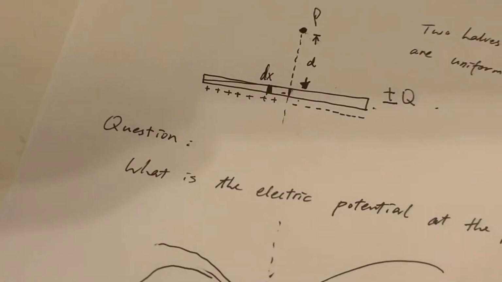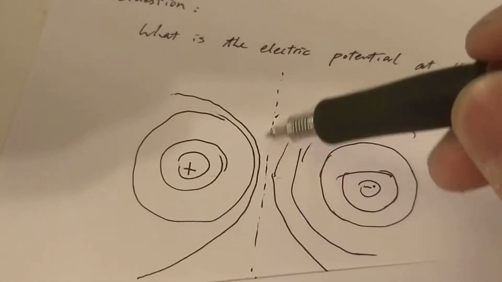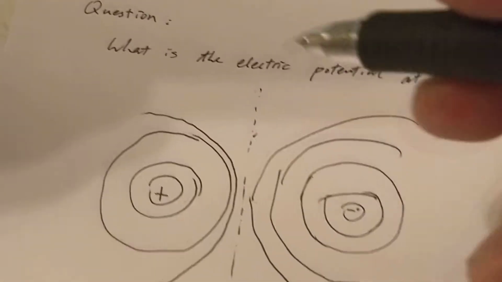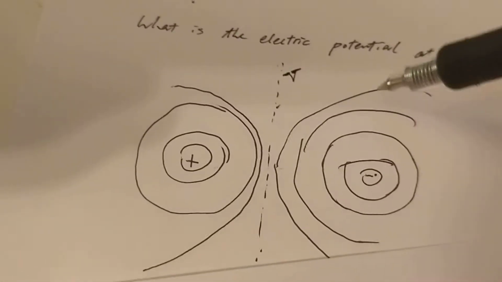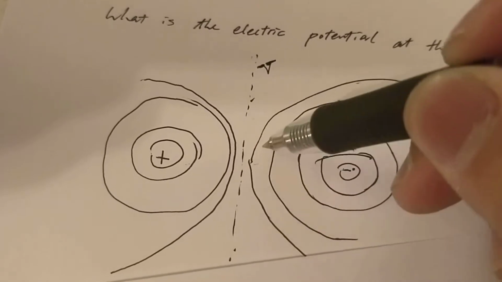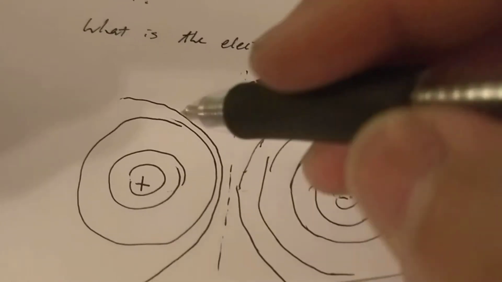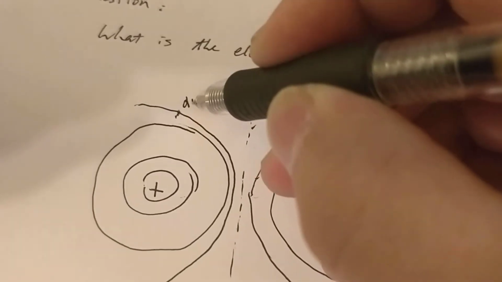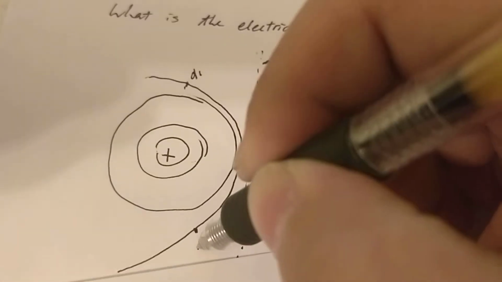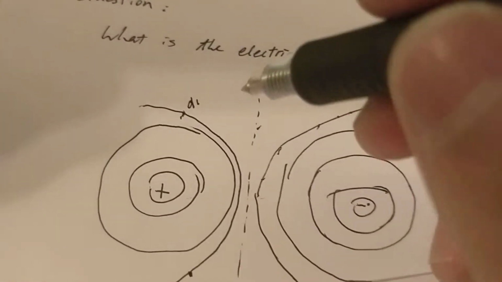Since it's uniformly distributed on the rod, on this point we're going to have a potential. Recall that on each line, any spot on the line has the same electrical potential. Dot 1 on this line has the same potential as dot 2, even though they're in different positions, because they are on the same line.